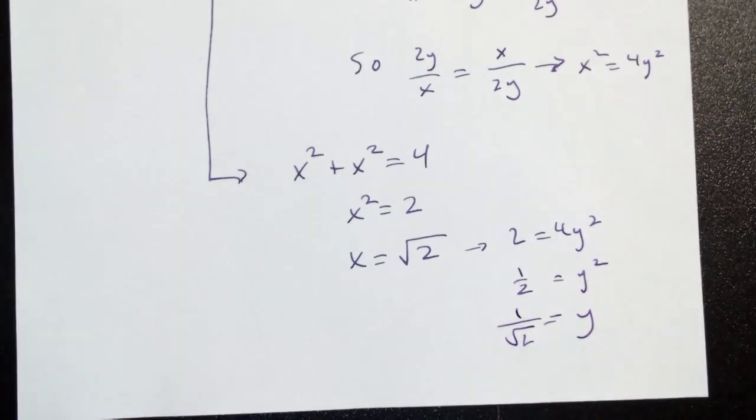I now know the coordinates of that corner, which means I know the area of this rectangle. And I know all four corners of it. I know its length, I know its width, I know its area.